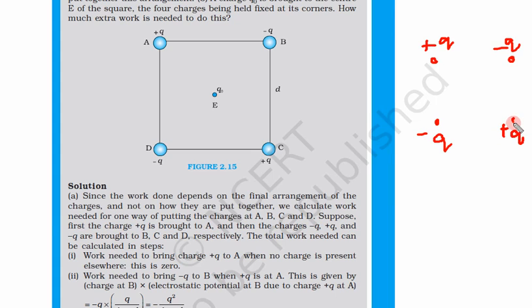So four charges are there. The distance between all of them is d, and the center is at this point E. This is q naught, q0.